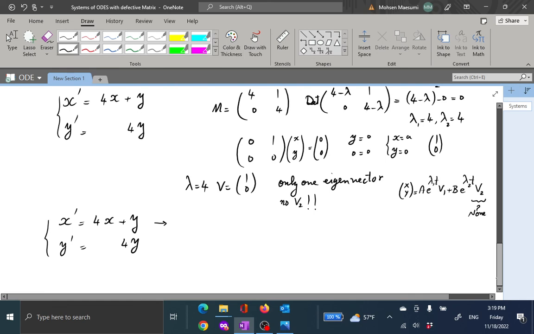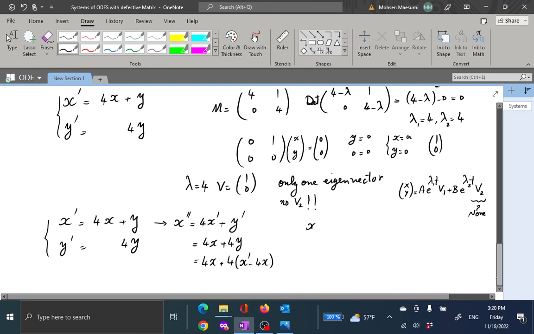For example, you can take this equation and take a derivative of it: x double prime is 4x prime plus y prime. Well, y prime is 4y, and y is x prime minus 4x, or however you do this thing, you come out of it correctly.